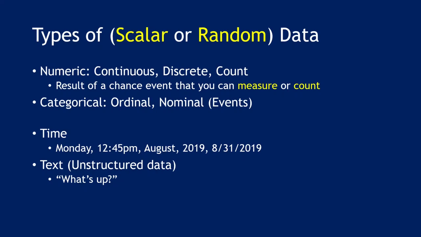And the most important distinction you need to learn how to make is the difference between numeric versus categorical variables, because this distinction determines how you pick a graph, how you pick an analysis. Everything is driven by this distinction. So let's make sure that we can tell numeric from categorical variables.